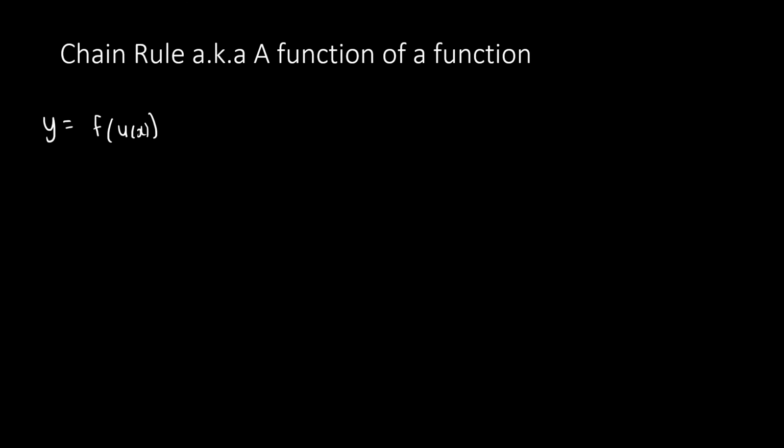So I have a function f, let's say f is sine. Then inside your sine, I have u, which is the function cos. So it will be something like this: sine of cos. You see, just like that.